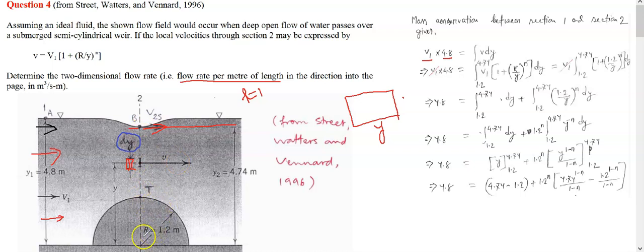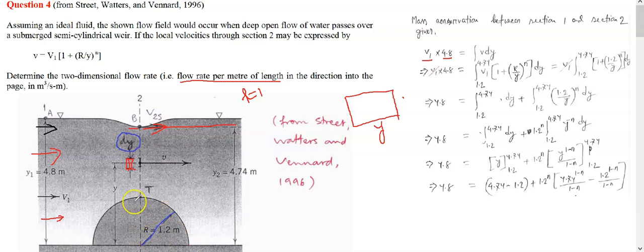If you see here, the submerged semi-cylinder has a radius of 1.2 meter from the center. The distance from here to here is 1.2, and from here to here it is also 1.2, isn't it? So from this center in any direction, this is 1.2.